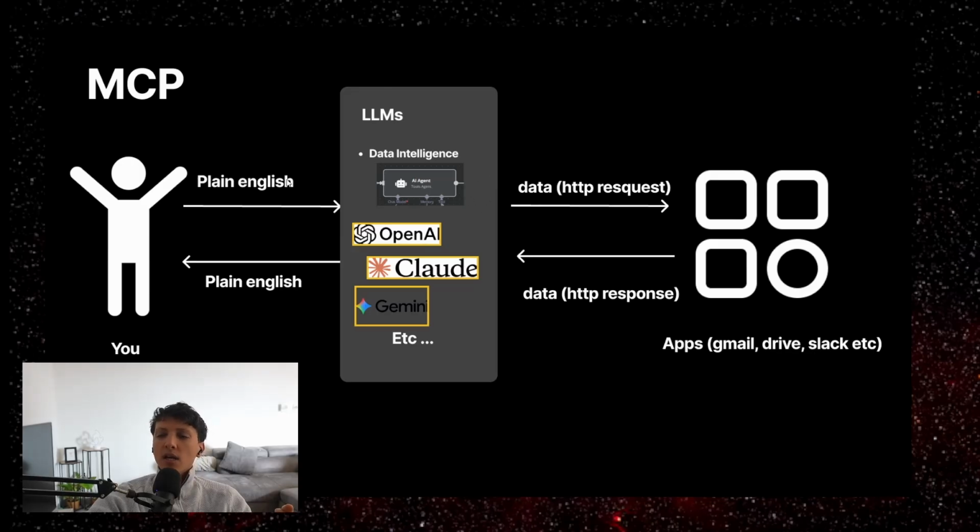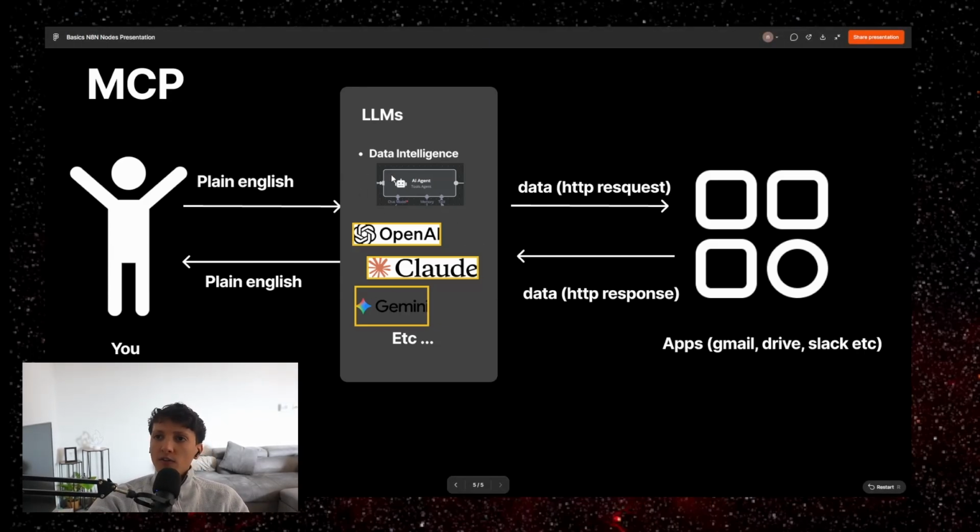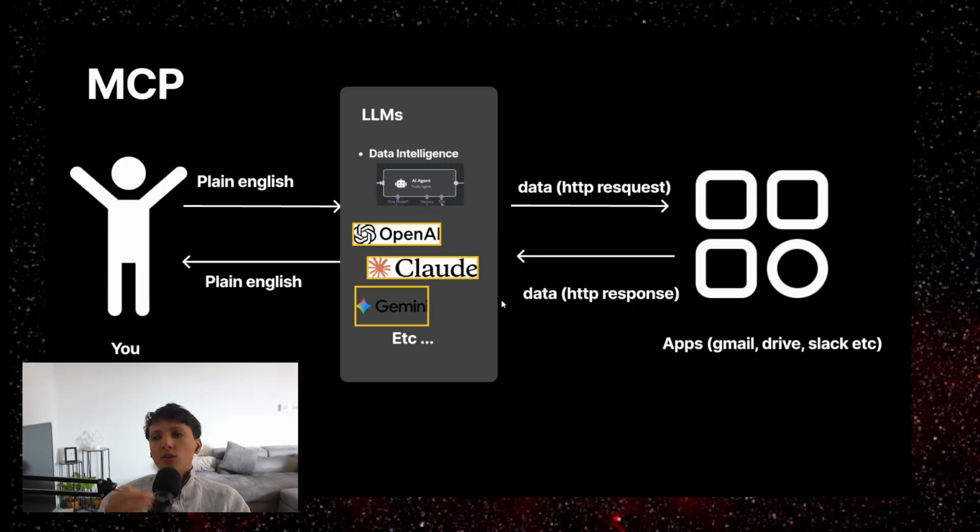Instead of you calling the HTTP request and having to get the format in the correct manner, you talk to the LLM directly, and the LLM will handle those HTTP requests for you, get the answer, and tell you in plain English that it created your task, for example, the mail step. So these are two very important concepts that you have to learn once, and then they will help you build your workflows.